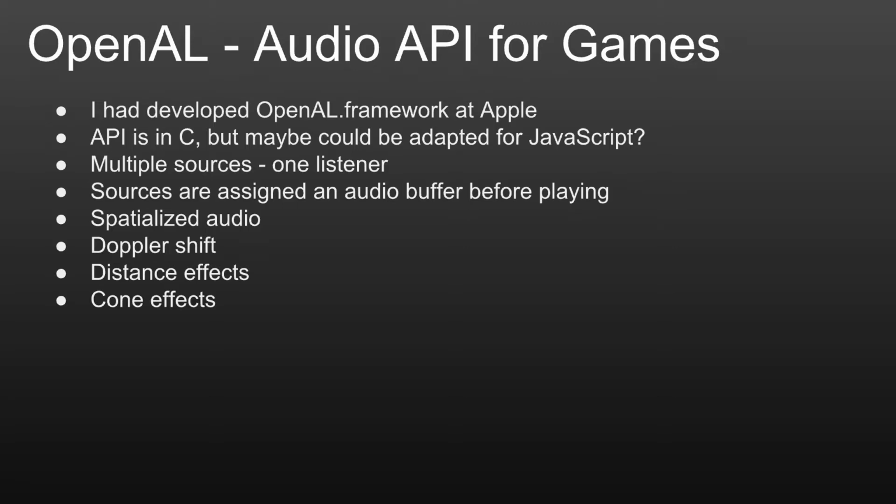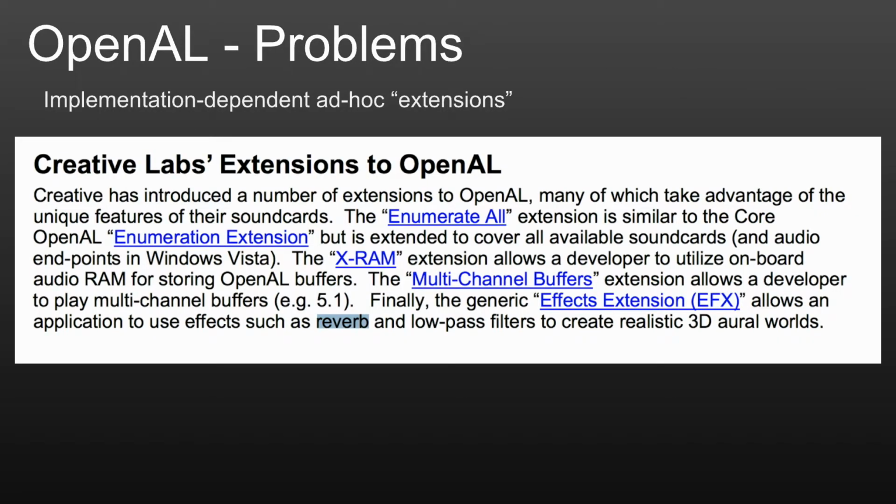It's not as intense. But I discovered very quickly when I started to implement this that OpenAL had quite a few problems as far as making it a standard to where you could write some JavaScript code and get the same result for all the different platforms.